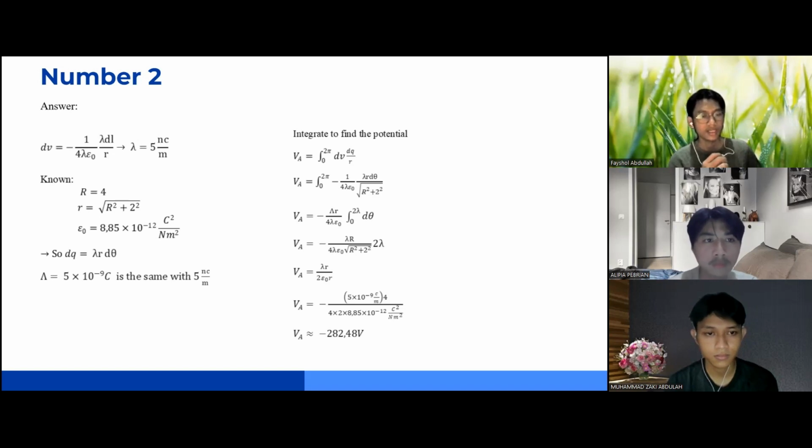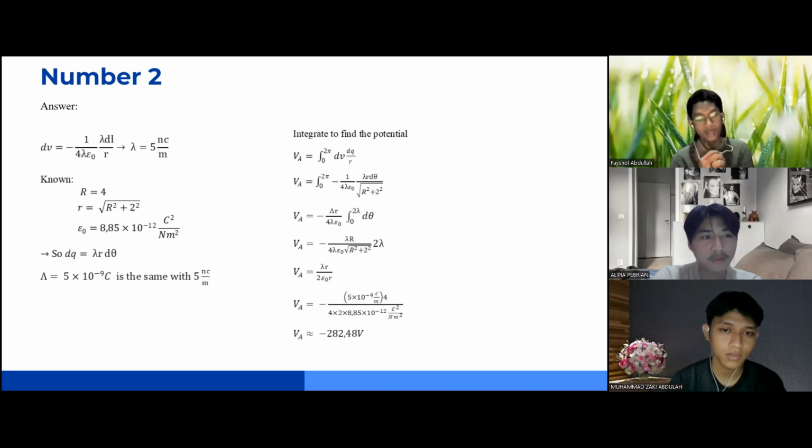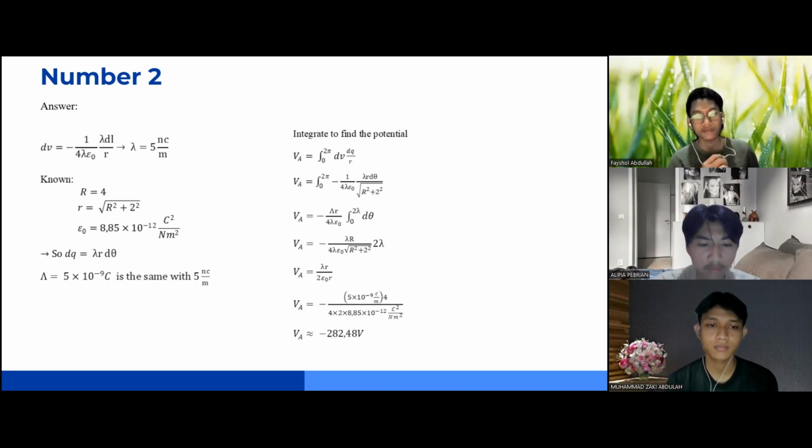So dq is equal to λ dl, where λ is equal to 5 times 10 to the power of -9 C/m, the same as 5 nC/m.